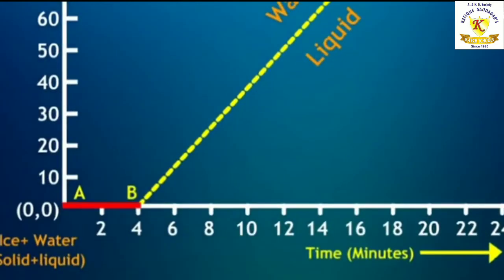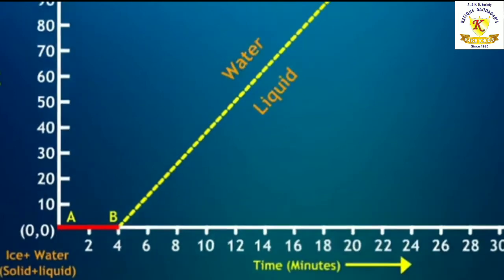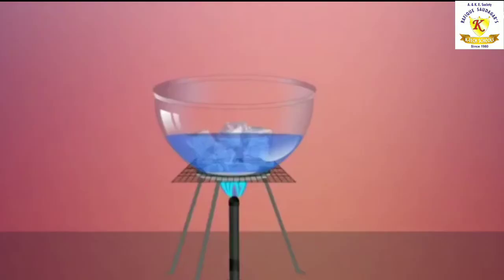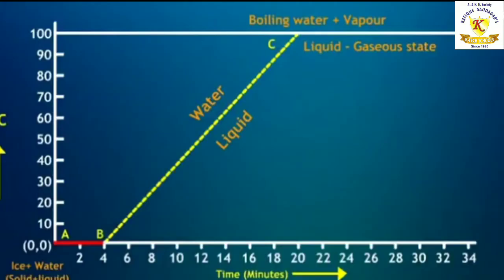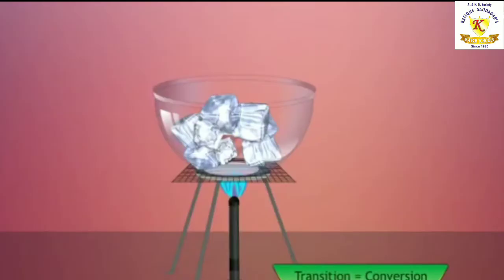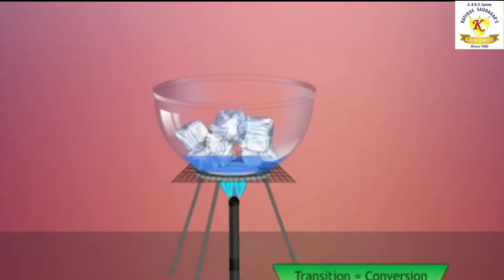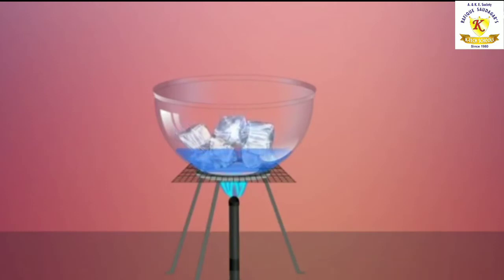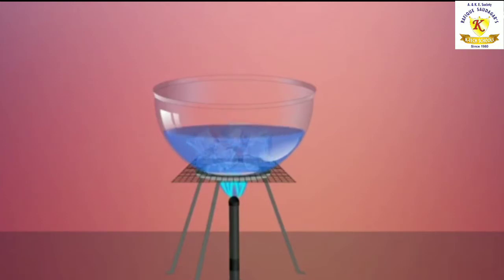In this graph, line AB represents conversion of ice into water at a constant temperature. When ice is heated, it melts at 0 degrees Celsius and converts into water at this constant temperature. The ice absorbs heat energy during transition, and the absorption of energy continues till all ice converts into water.